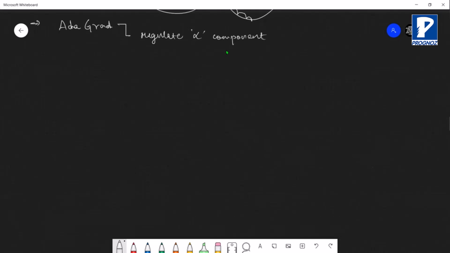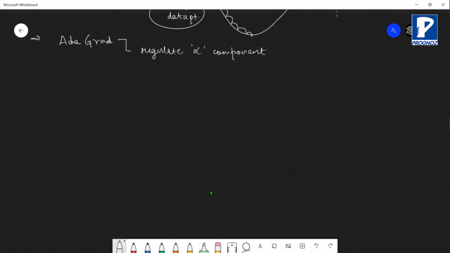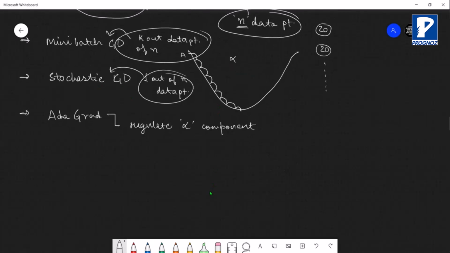कहने का मतलब है कि if you are talking about gradient descent, whatever variant of gradient descent you are talking about, वहां पर if you are choosing alpha, what is alpha? It is the step size. So if you are choosing alpha is equal to 0.1 or 0.01, whatever. मान लो I am saying alpha is equal to 0.01.